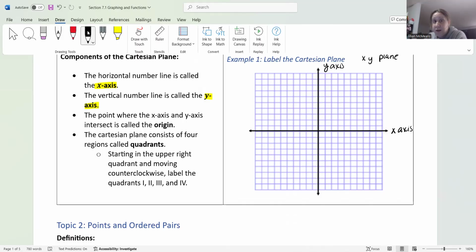Now, the point where the x-axis and the y-axis intersect is called the origin, and that's another really important piece of information. These definitions, you really do need to know inside out and backwards, because we're going to use this Cartesian plane from now until the very end of the semester, okay? So the point where the two lines intersect right here, this is the origin.